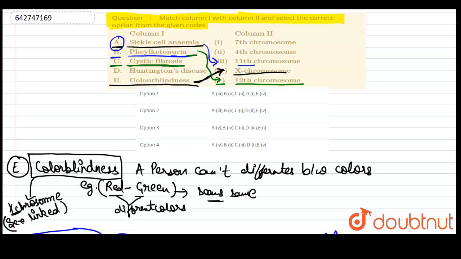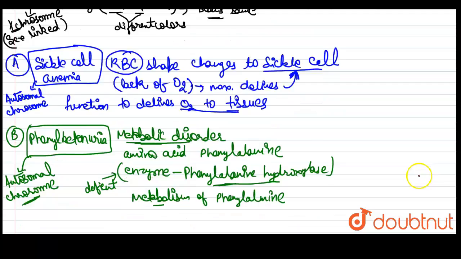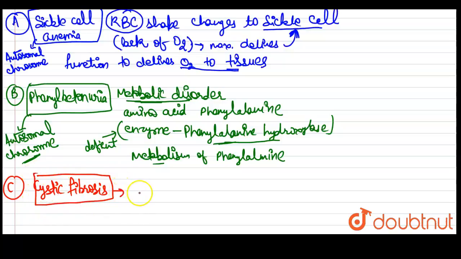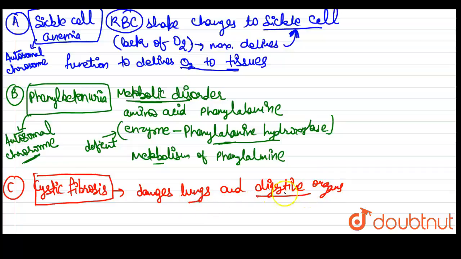Cystic fibrosis is a disease that damages the lungs and the digestive organs, so it becomes a life-threatening disease.